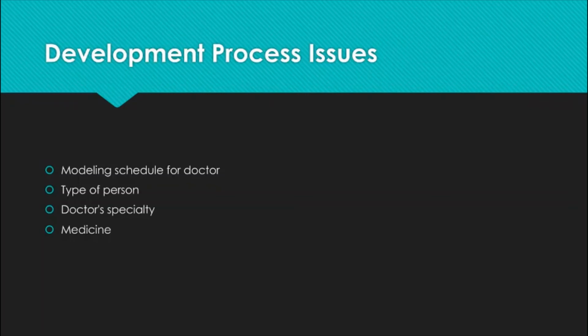The first problem that we encountered was when we tried to model a schedule for a doctor, because we thought of different possibilities that could happen. For example, if the doctor is not available or left for holidays, how will we manage? So we figured out that we were modeling in a wrong way.